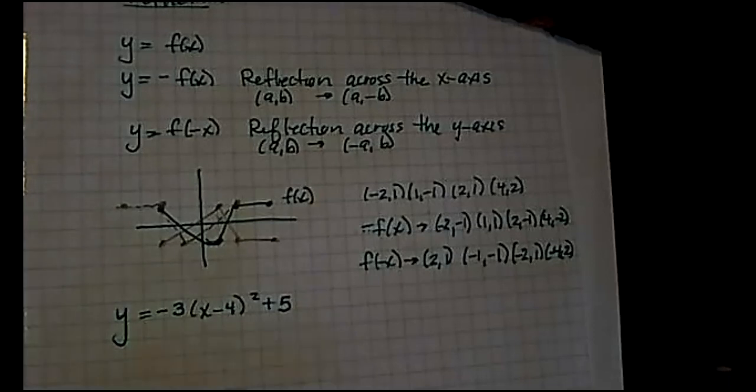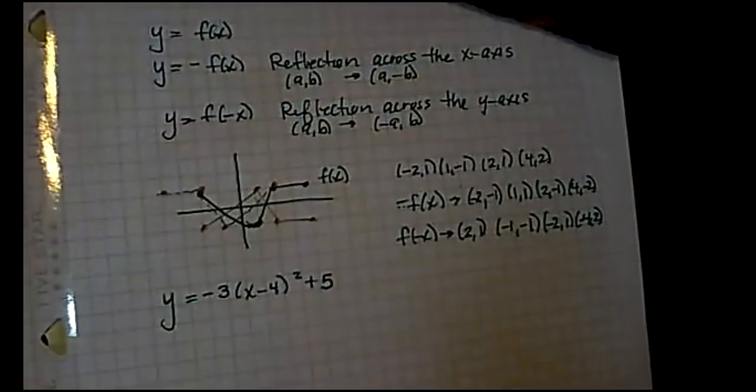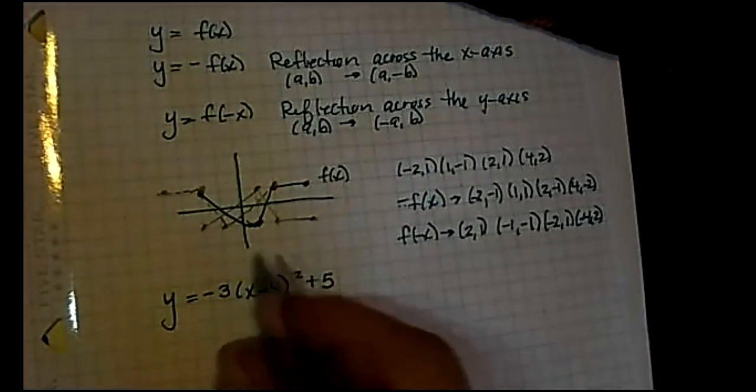I want you to try and stick to this order. It's not always important, but I do want you to get used to the habit of talking about it in this order. I'm not going to mark it wrong if you don't, but I want you to try, because it can change things if you don't have it in the correct order sometimes. So let's start with that.